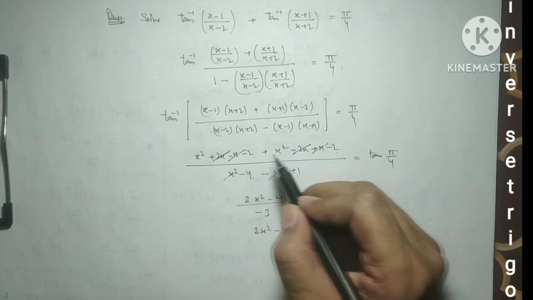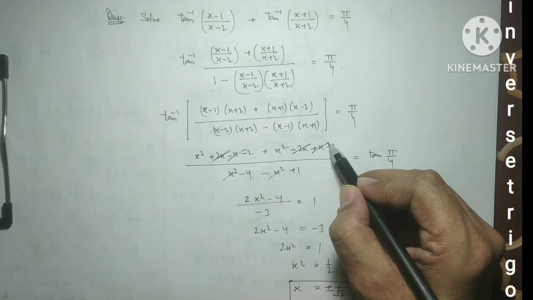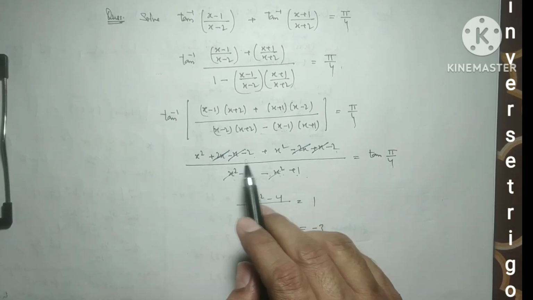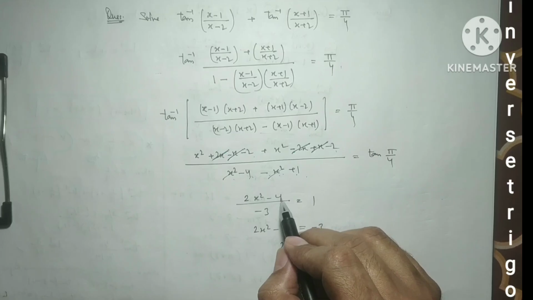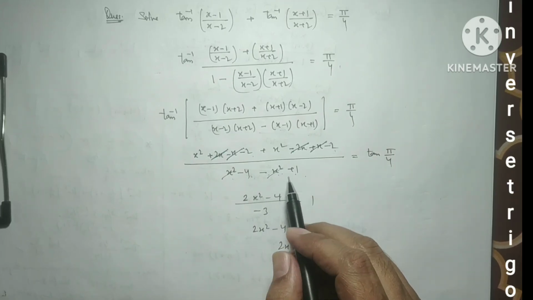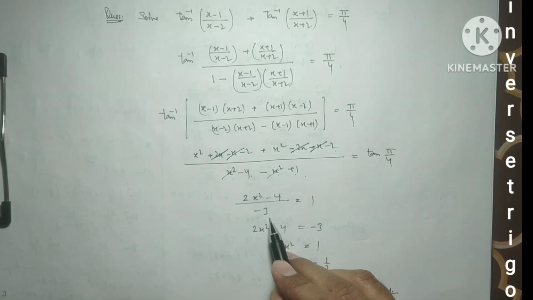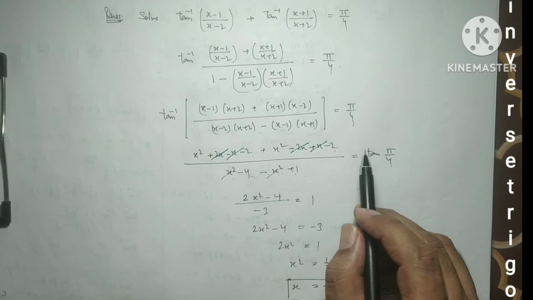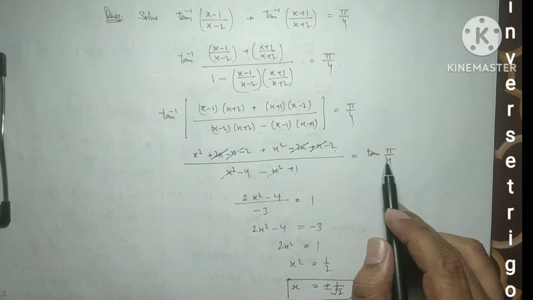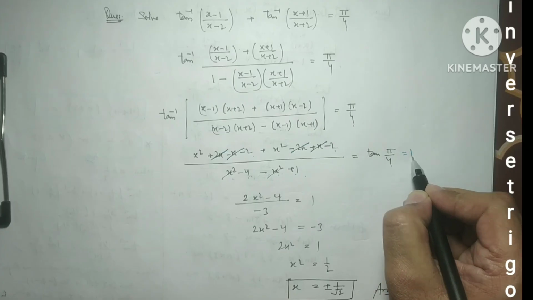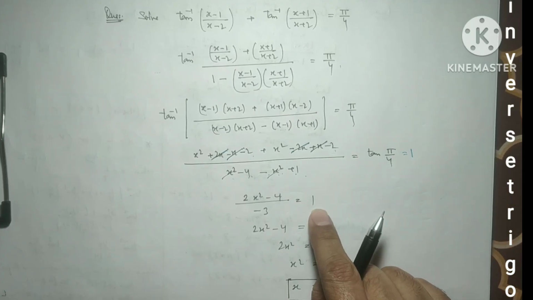This is minus x and this is plus x, so finally we get x square plus x square, that is 2x square, minus 2 and minus 2 is minus 4, and in denominator we have minus 3, and equals to, when tan inverse comes here, or you can say tan pi by 4, that's value is 1, so it is 1.